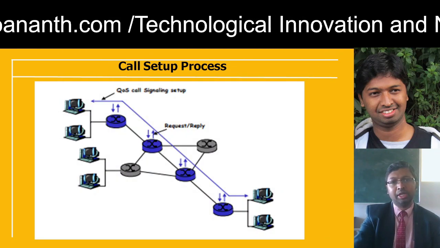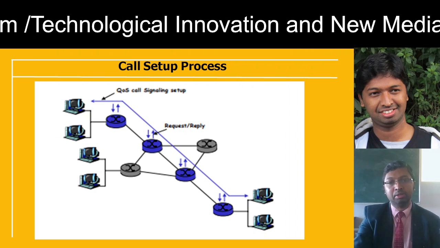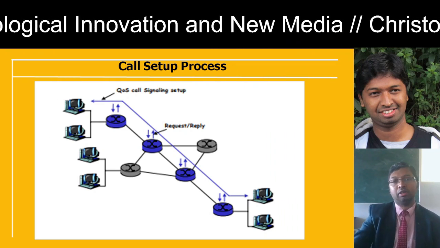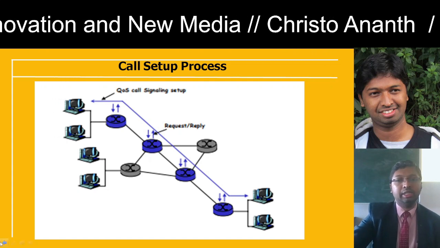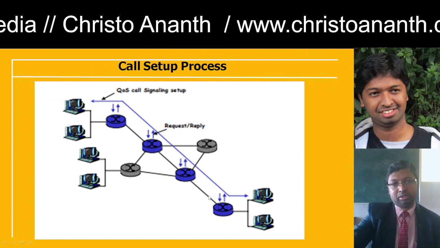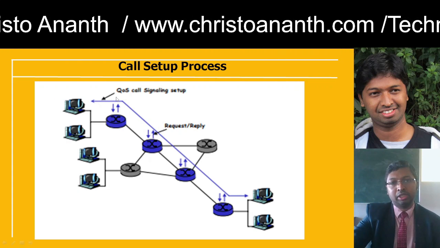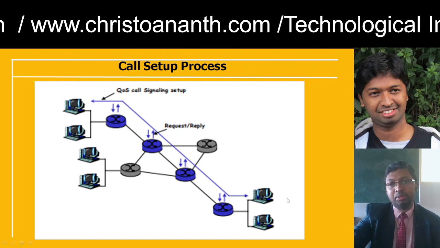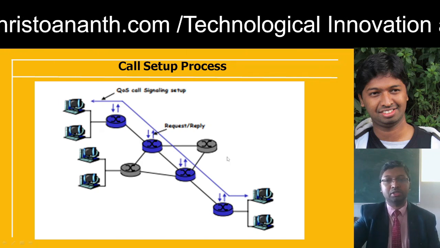So this is the quality of service call signaling setup. It sends a request, gets the reply accordingly, and then passes on the quality of service call signaling setup to the respective computers.